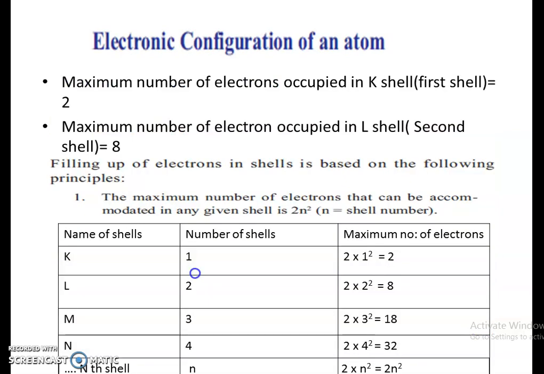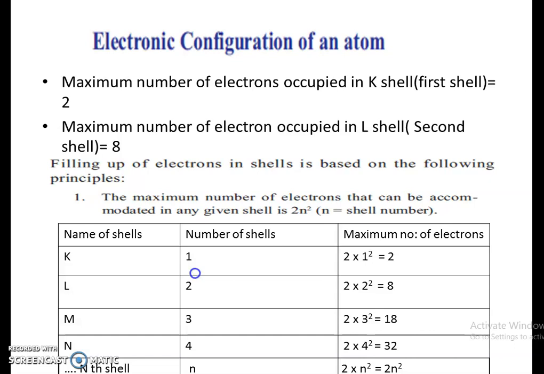Now, the electronic configuration of an atom. For example, if you are sitting on a particular bench, we know that the bench can only occupy this many students, right? Like that, in an atom also, a particular shell can occupy only a certain number of electrons.